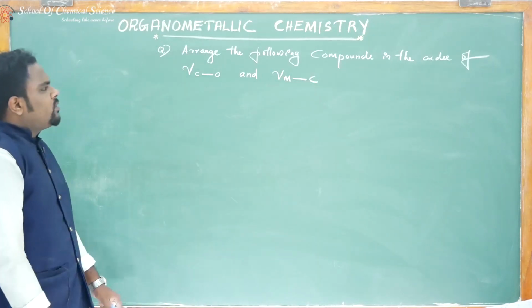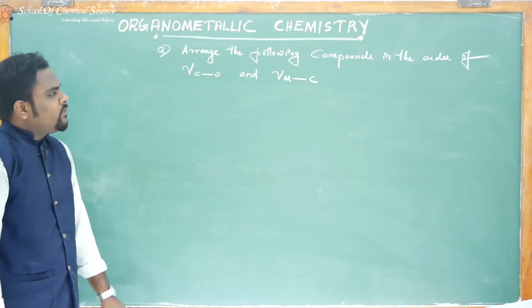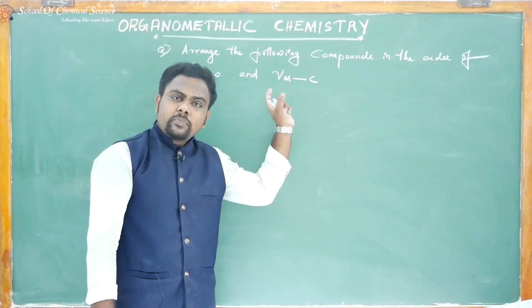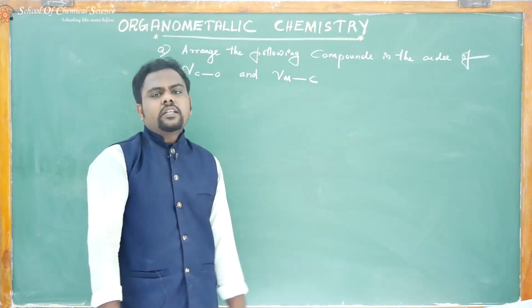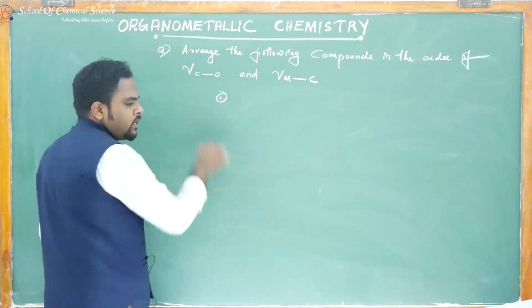Arrange the following compounds in the order of stretching frequency. ν is the stretching frequency: carbon-oxygen stretching frequency order, and ν MC order. Actually this topic is in spectroscopy, but here we are discussing it in organometallic chemistry. Okay, so first question.